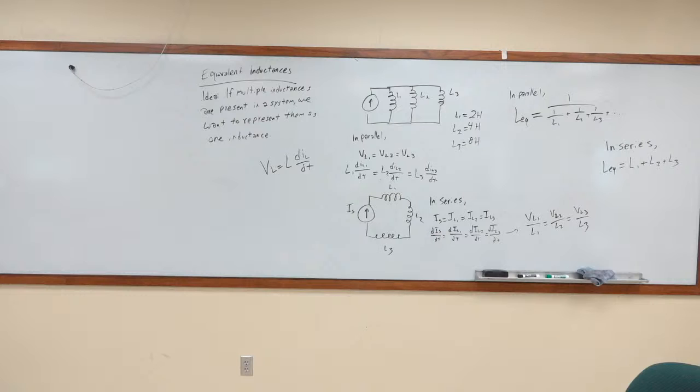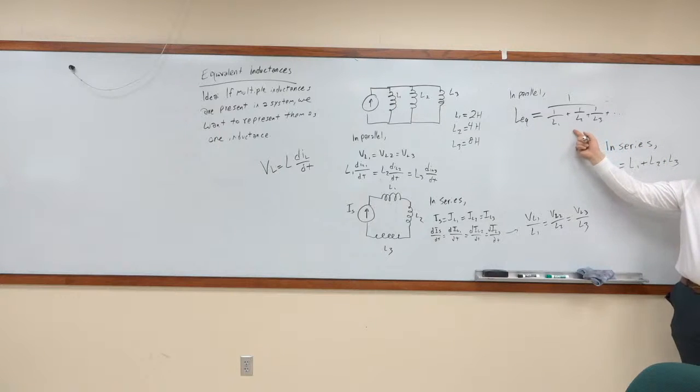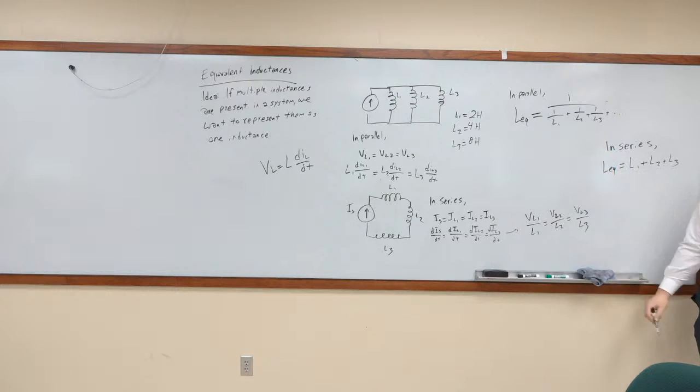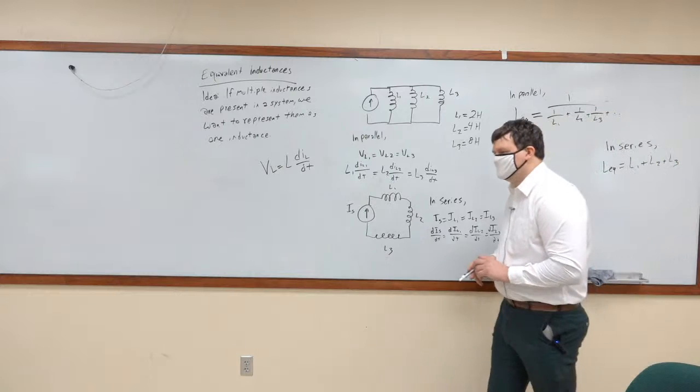Okay, this is the same equation as we saw. Was this the same equation we saw for capacitances in parallel or series? Parallel. And was this the same one as we saw for resistances in parallel or series? That's a parallel resistance. So inductance has the same equation as resistance.